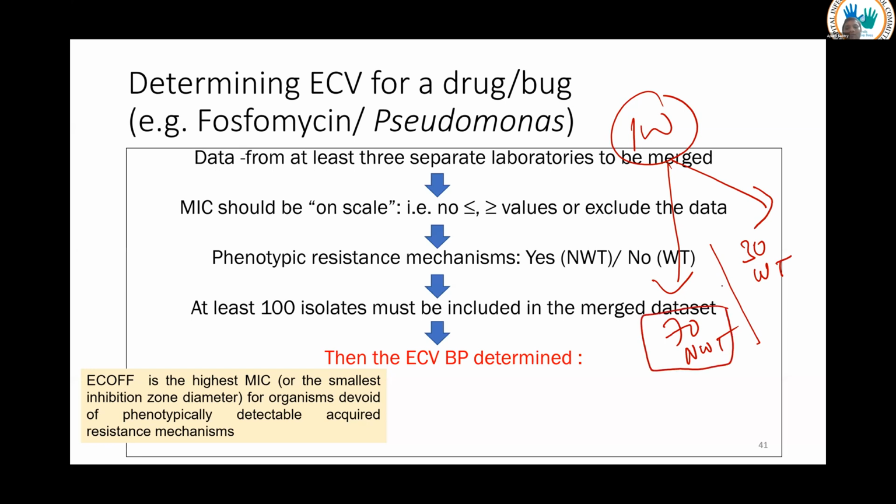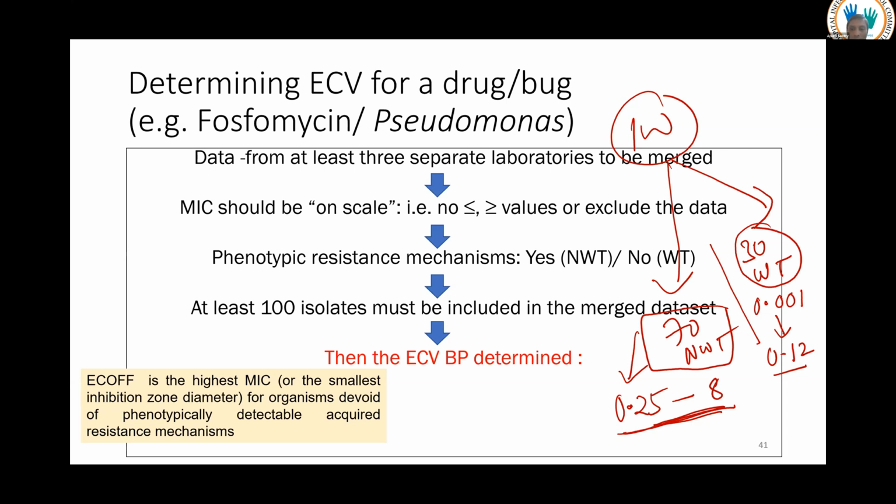Let's say all the non-wild type strains have MIC values from 0.25 up to, let's say, 8. All these strains fit into these dilutions only. Let's say the wild type strains have MIC values fitting into, let's say, 0.001 up to 0.12.